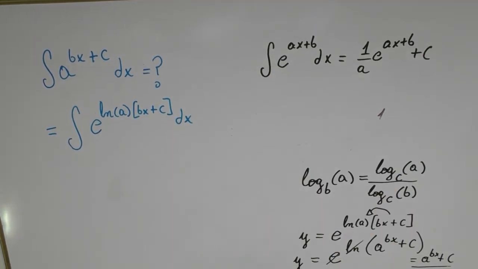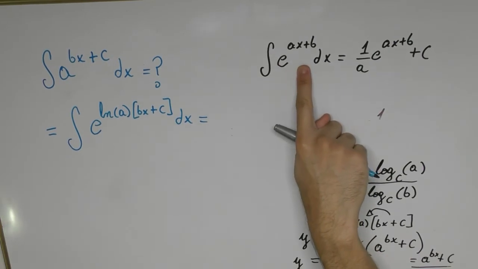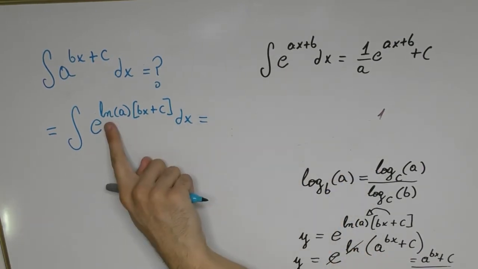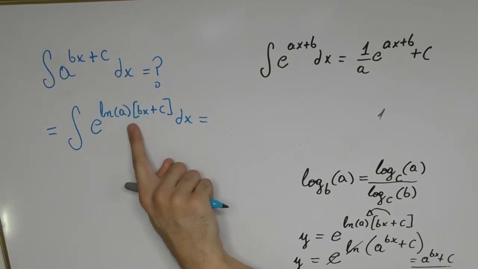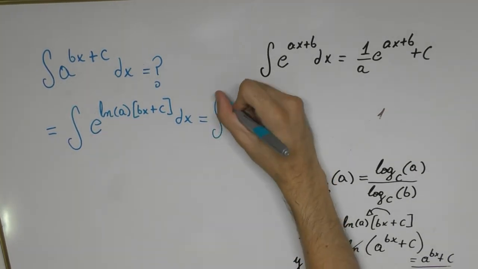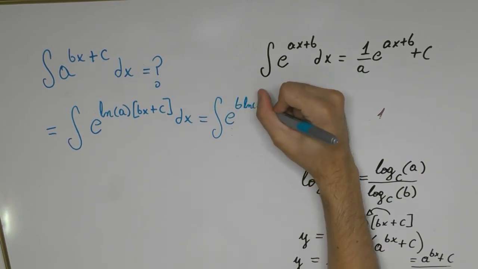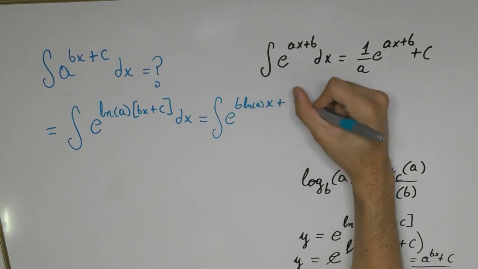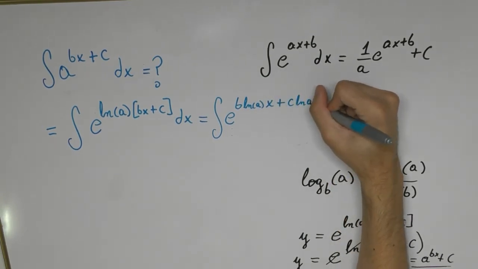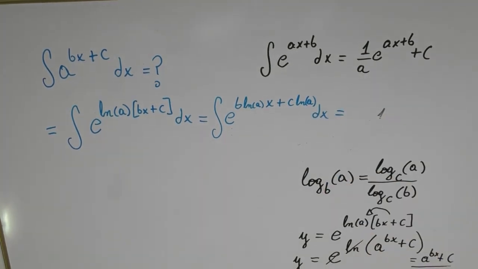Okay, so now that we have that, well, that's quite simple because this has exactly the same form as that integral. We just have to multiply the coefficient b by the natural log of a. So that's going to become the integral of b natural log of a times x, plus c natural log of a, dx. And now what's that going to become?